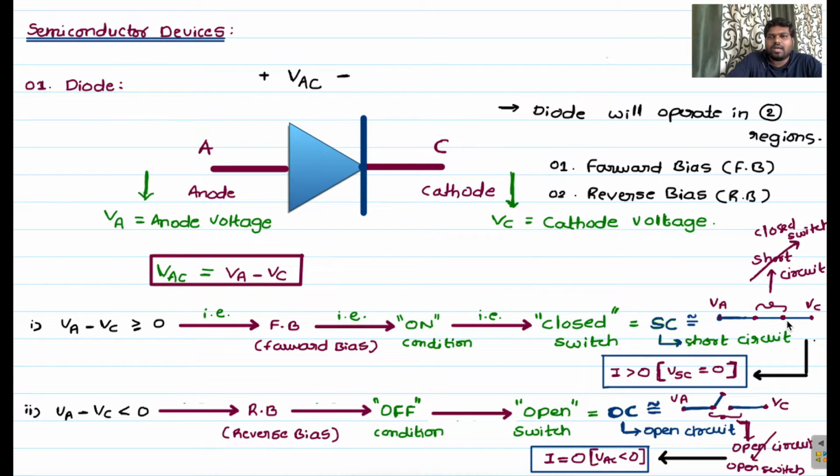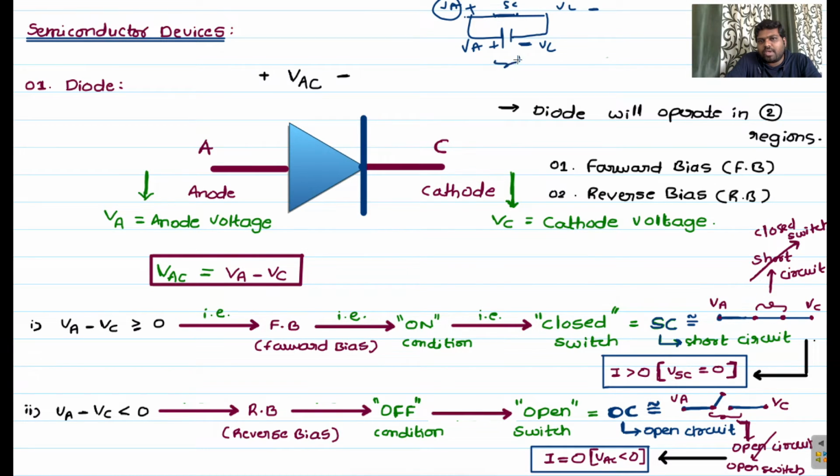Here this is your Va, and this is your Vc, and this is your short circuit. Va means the voltage at the positive terminal and Vc the voltage at the negative terminal.